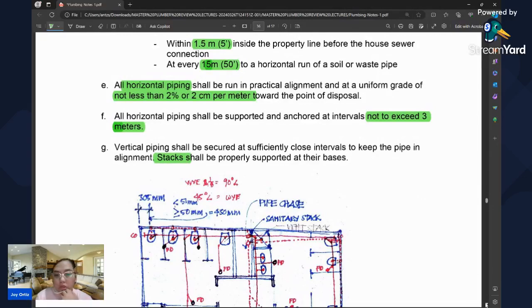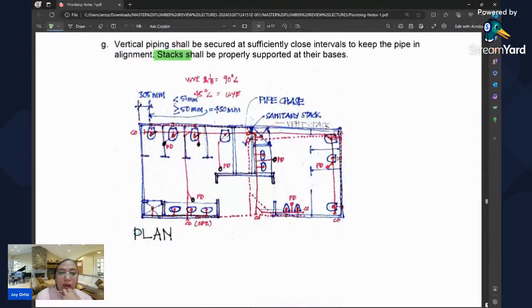Okay. So this is a sample plan of the vent pipe. As you can see here, we have the water closets. One, two, there are water closets here. This is the lavatory.